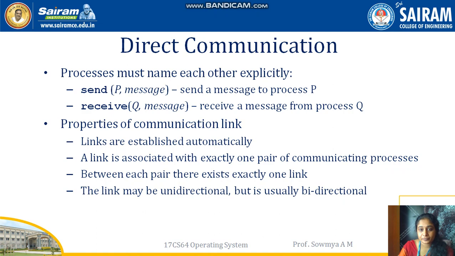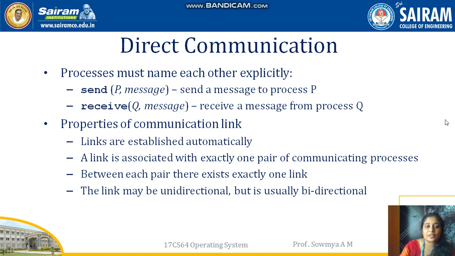It is like when sending a message, we type the message and then give the receiver's phone number. The same way, in send, we give the process ID of the receiver process and the message, and the receiver gets the message from a given process.